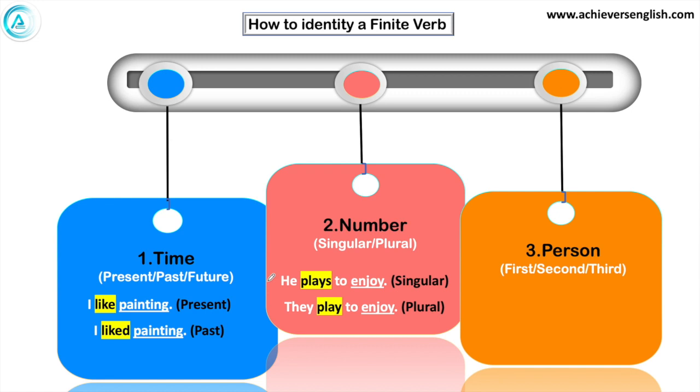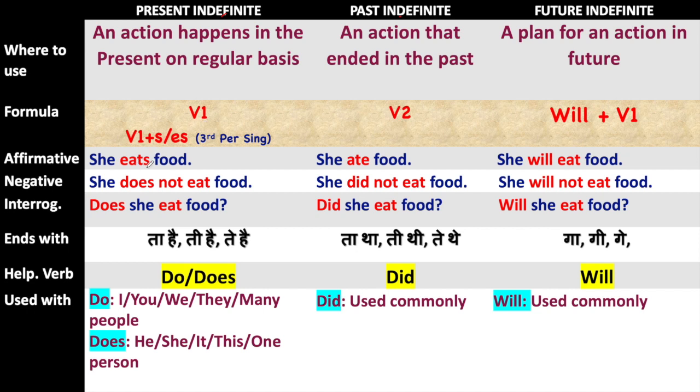Let's have a look at the tense chart to see how present indefinite and past indefinite tense are formed. In present indefinite tense, we use either the first form of the verb or we put s or es with the first form of the verb. If the subject is third person singular, then we put s with the verb. In other cases, we do not put it, like if I am there, then it will be I eat food only. So here also we are learning that if you are changing the subject, then how are you changing the finite verbs?